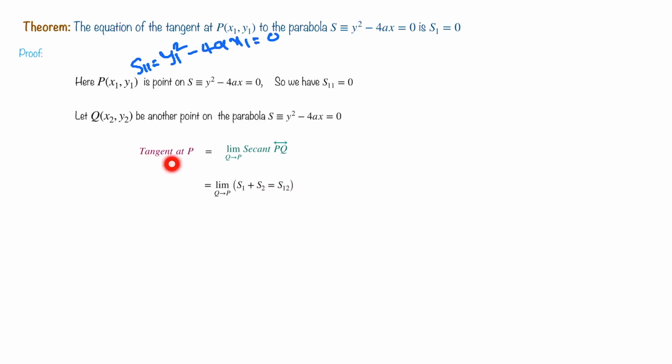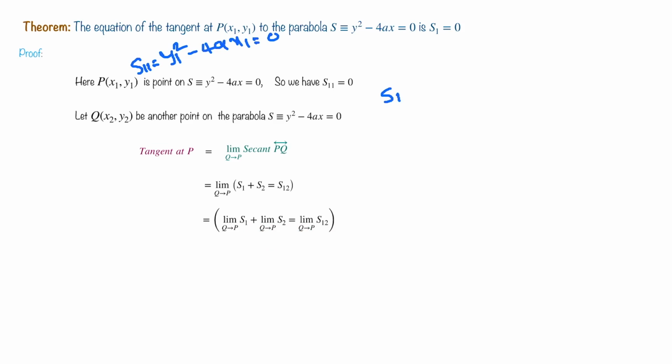So the tangent at P is the limit of S1 + S2 = S12 as Q tends to P. Now let us take the limit inside. So we have limit Q→P S1 plus limit Q→P S2 equal to limit Q→P S12. Let us try to understand each limit here.